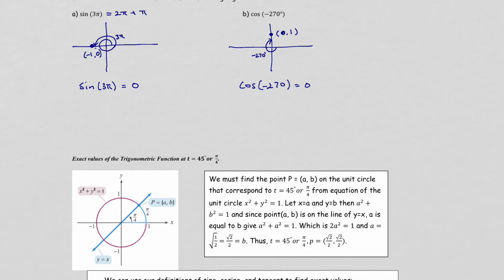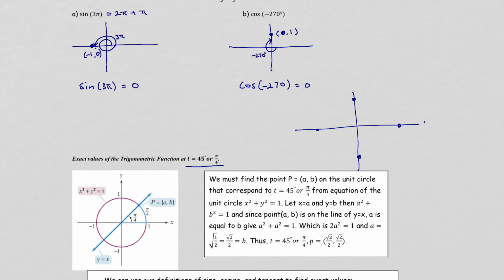Okay, so then when we're looking at the next one, they're going to give you the exact value of a trig function for the angle 45 degrees or pi over 4. This is one of the other important angles. So remember what we did so far, the points, all this, right?